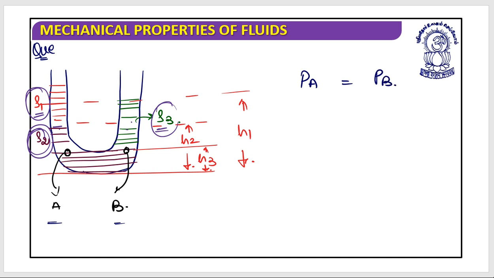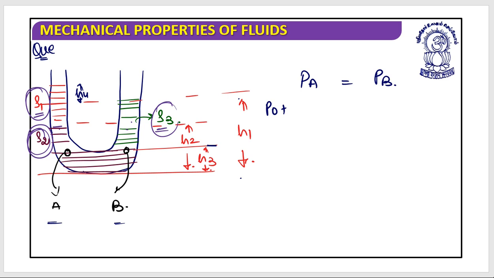Now, while writing PA, let's call this H4. This height gives P naught plus H4, and this complete height is H1, this is H3.